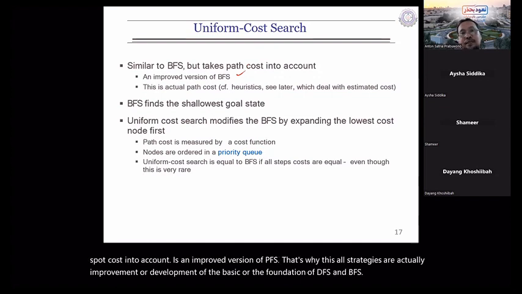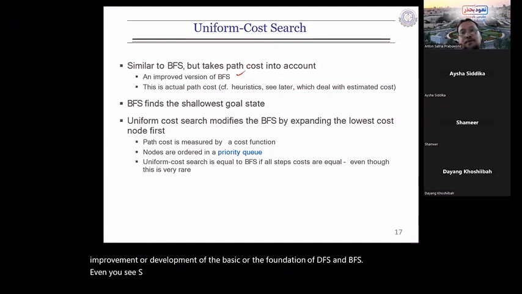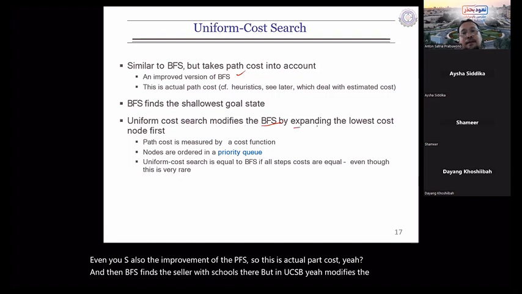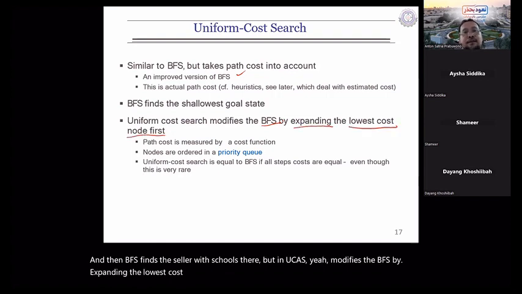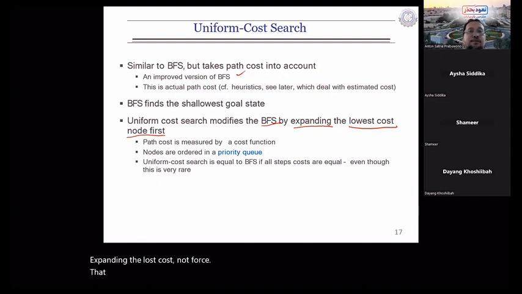Even UCS is an improvement of BFS. BFS finds the shallowest goal state, but UCS modifies BFS by expanding the lowest cost node first. That is the difference between BFS and UCS.